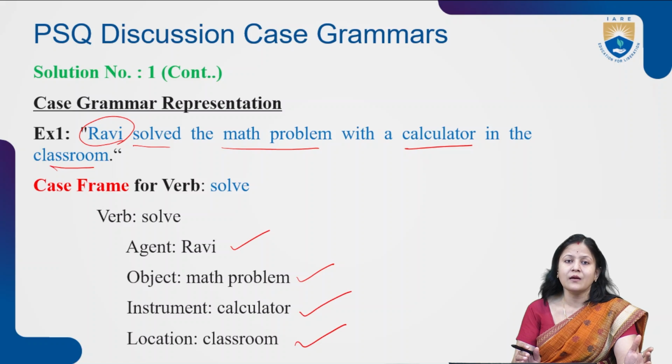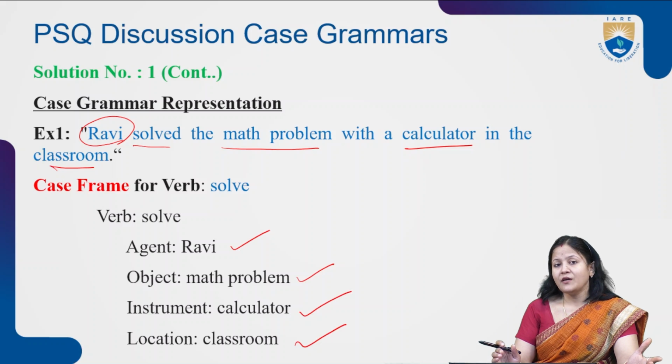So from this example, what have we understood? Ravi is the agent, solve is the verb, and for solve we are creating the case frame. Math problem is the object, calculator is the instrument case, and classroom is the location case. For example, if I had given "Ravi solved the math problem with calculator in the classroom at 2 p.m.", then 2 p.m. would be considered as the time case.